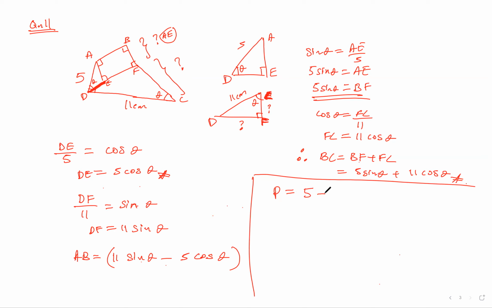So 5 plus 11 plus what is BC? BC is given 5 sine theta plus 11 cos theta. Plus your AB. AB is 11 sine theta minus 5 cos theta.